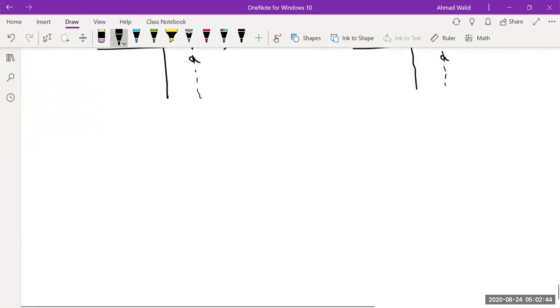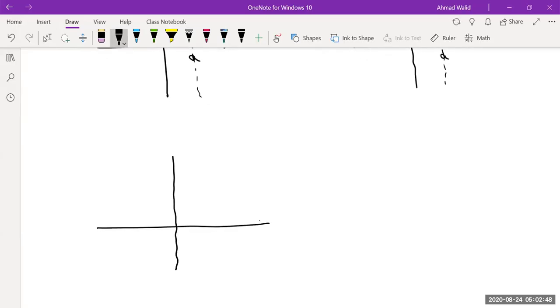Case 3, the limit of f of x as x approaches a from the right, your function can go like this, to negative infinity.